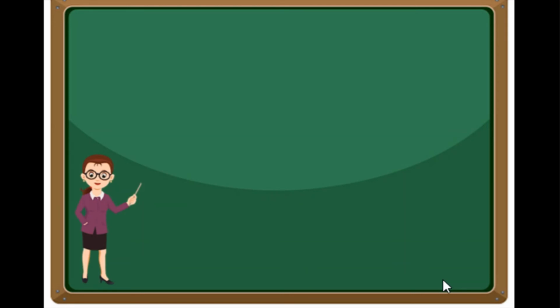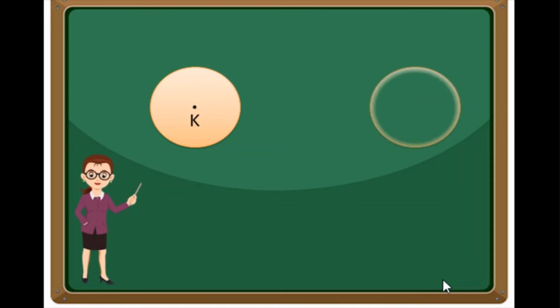Let's try to see if you can remember. Let's identify which of the two figures shown is a correct figure of a component of a circle. Let's start with the center. Which of the two figures is the correct figure for a center?